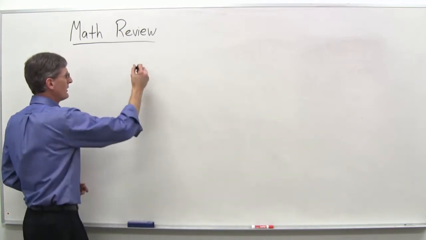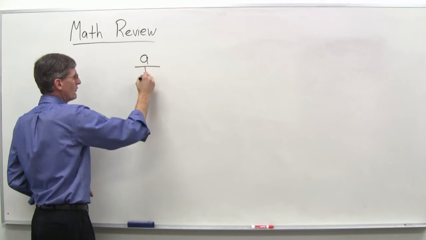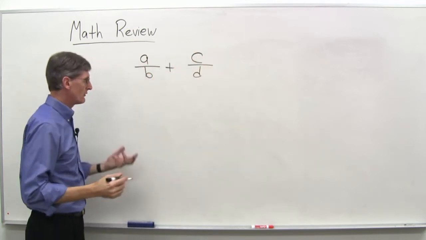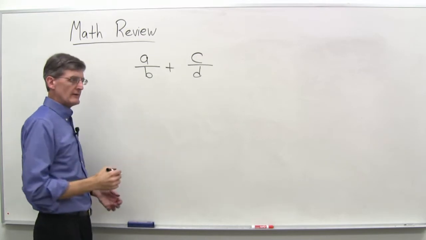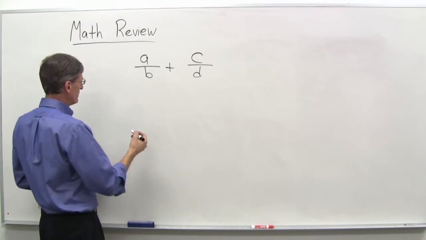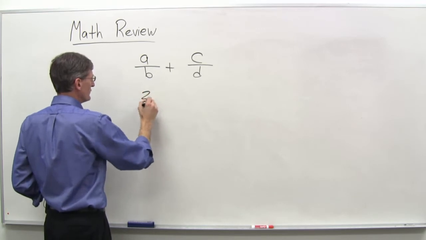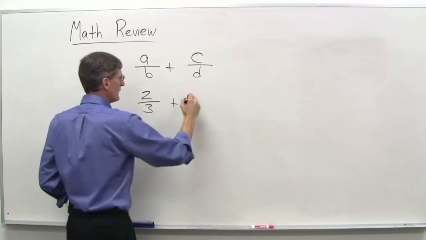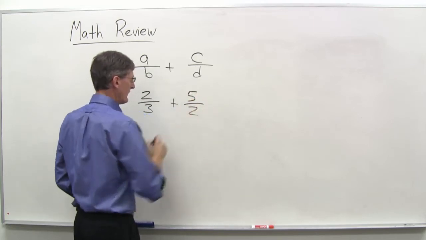Another thing, just as a reminder, if we have a over b plus c over d, so maybe we have something like 2/3 plus 5/2.